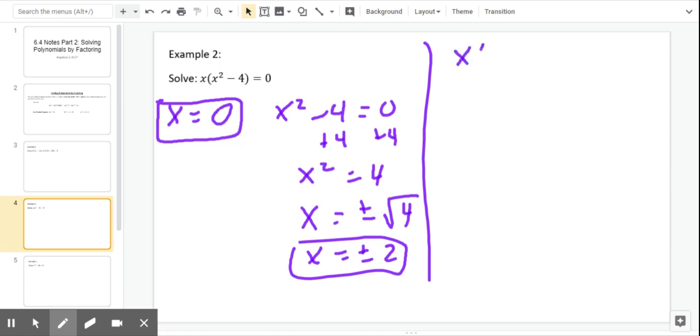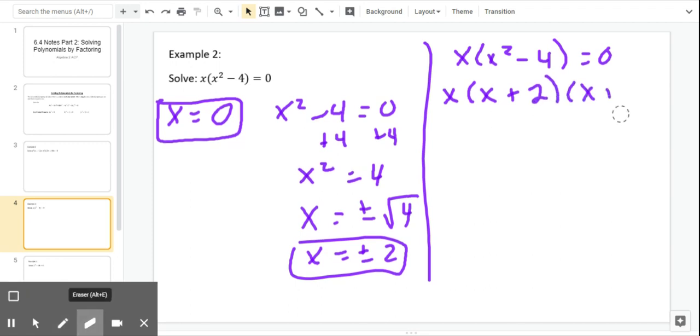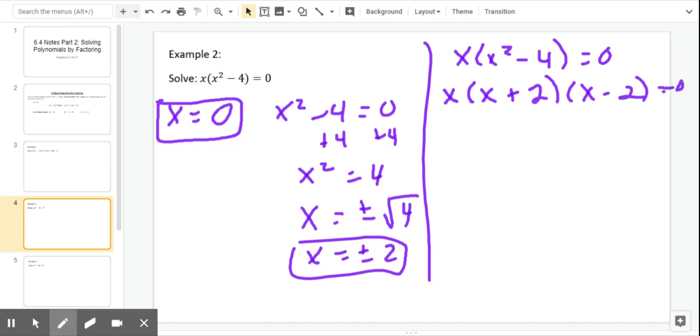Second way, you might notice that x squared minus 4 is a difference of 2 squares, which we can factor even further. It will be x plus 2, x minus 2. Now we have factored that even further using a difference of 2 squares, so we have 3 factors. X equals 0 is our first factor. X plus 2 equals 0 is our second factor.